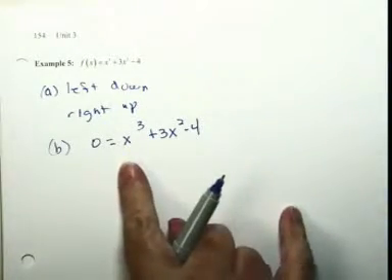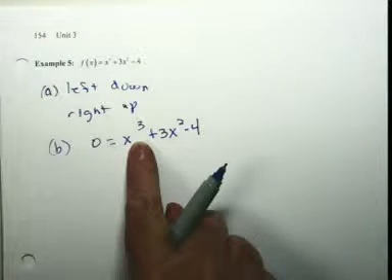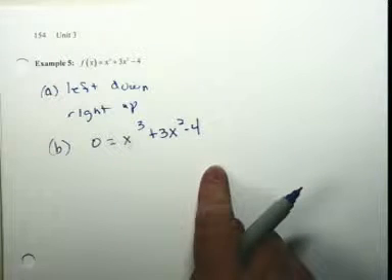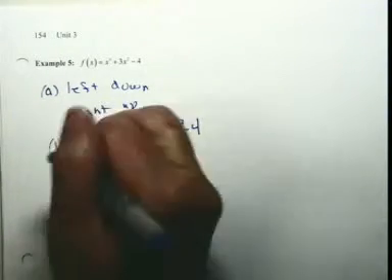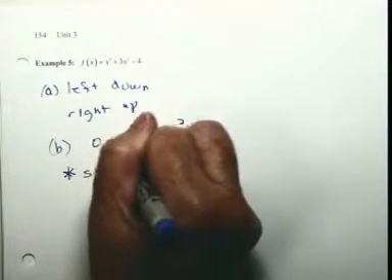Now this almost looks like you could factor it using two parentheses, but not when it's x to the third. That has to be an x squared where I can factor it. And if it doesn't look like I can factor it, I'm going to have to use synthetic division to solve.